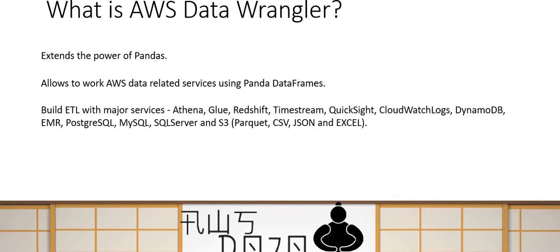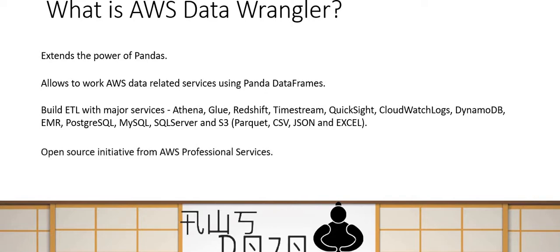This service can then be used to build ETL applications using the Pandas library, where you can work with services like Glue, Redshift, CloudWatch Logs, DynamoDB, RDS databases, EMR to actually create an ETL pipeline. So read data from one source using Pandas DataFrames, transform your data using Pandas DataFrames, and then write your data to the destination, which could be another AWS data service.